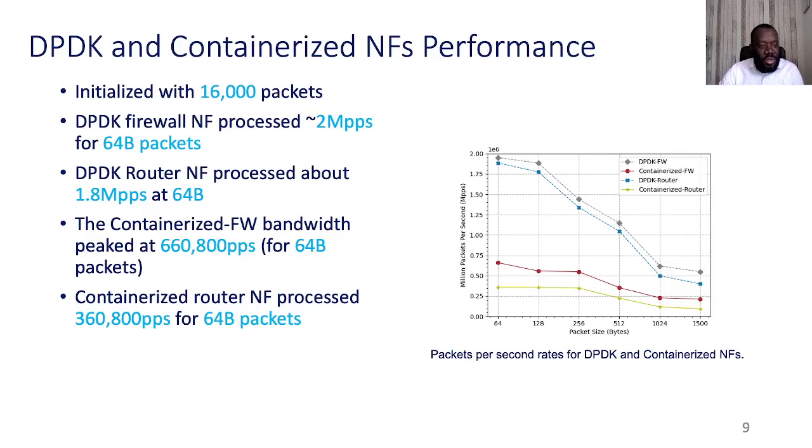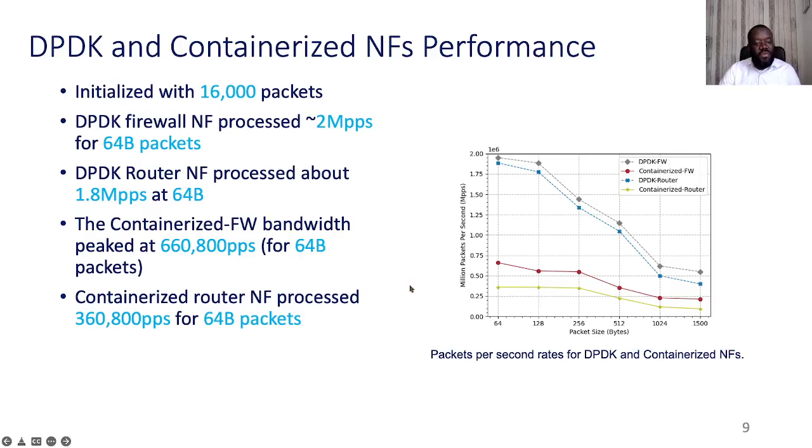So we measured that. And the DPDK firewall NF processed around 2 million packets per second for 64 bytes packets. You can see that from the figure on the right here. So the DPDK router NF processed about 1.8 million packets per second at 64 bytes as well. And you can see what we obtained for 1,500 bytes packets.